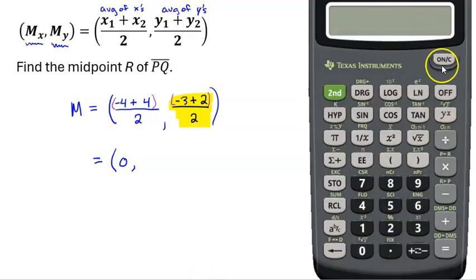So I'm going to go ahead and bring my calculator up, clear it out. So I've got open parentheses, 3, make it negative, plus 2, close parentheses, divided by 2 equals. And this turns out to be a nice decimal here, which is negative 0.5.